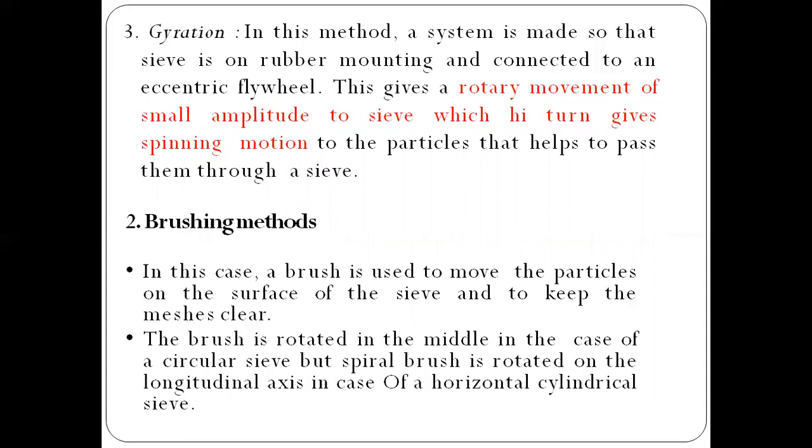With the help of the brush, the sieve is continually brushed out and hence clogging does not happen. The brush is rotated in the middle in the case of circular sieves, but a spiral brush is rotated on the longitudinal axis in the case of horizontal cylindrical sieves. Which type of brush is attached to the machine depends upon which type of equipment it is, either horizontal cylindrical or circular.